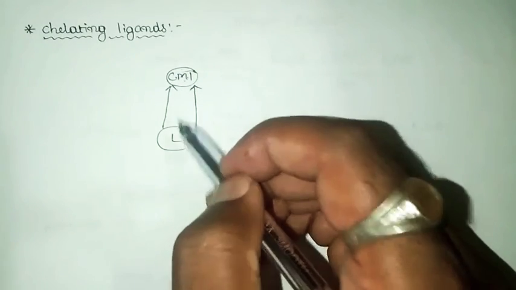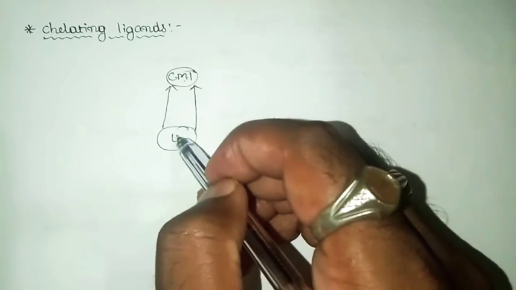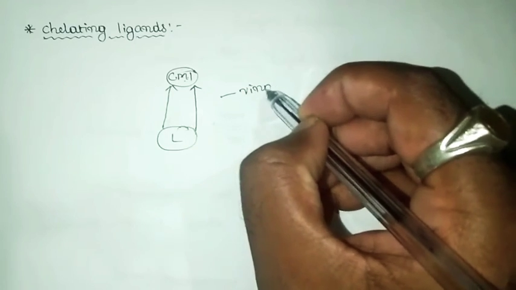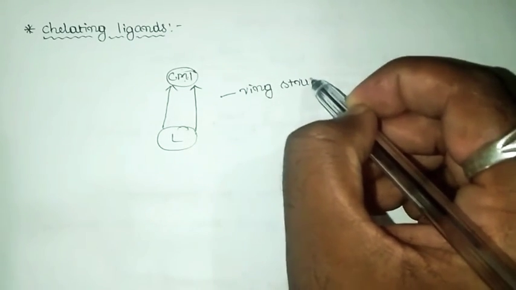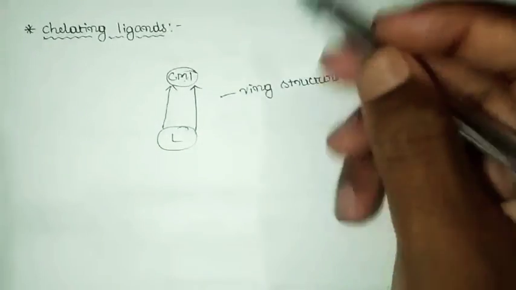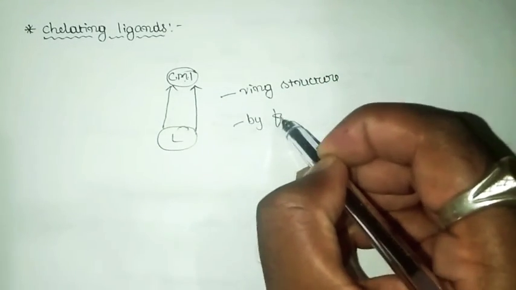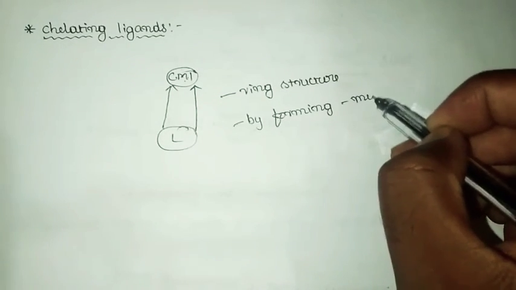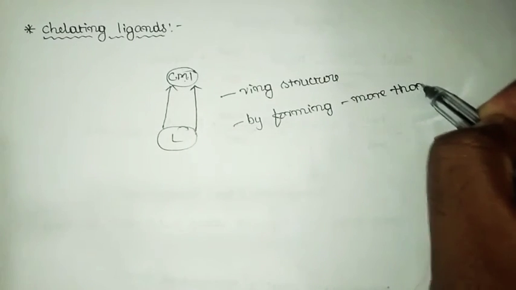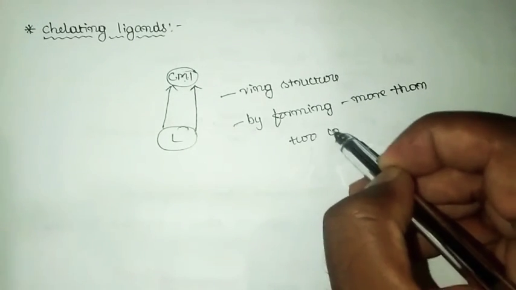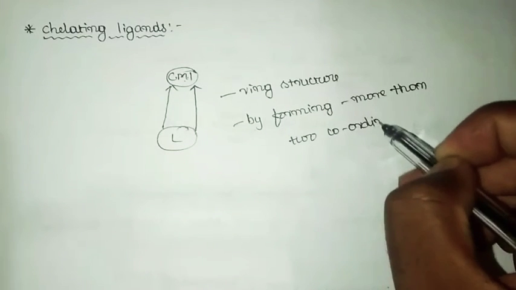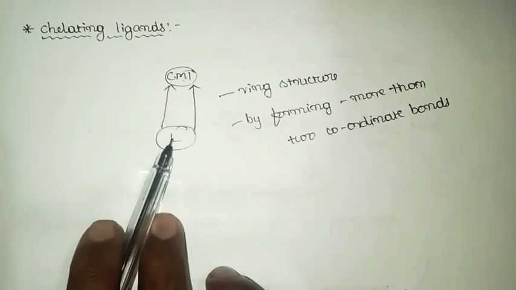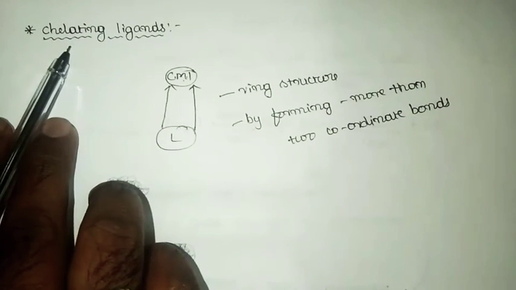central metal ion. And if a ligand has the capability to form a ring structure with the central metal ion by forming more than 2 bonds, strictly speaking more than 2 coordinate bonds, then such a ligand will be called a chelating ligand.